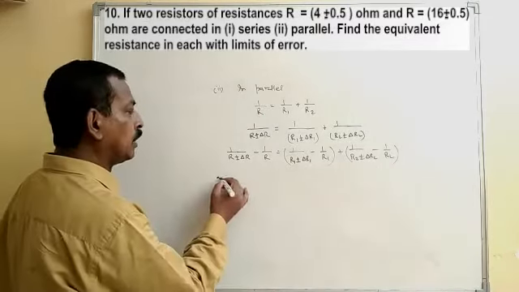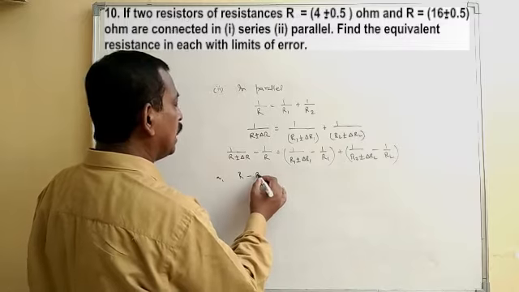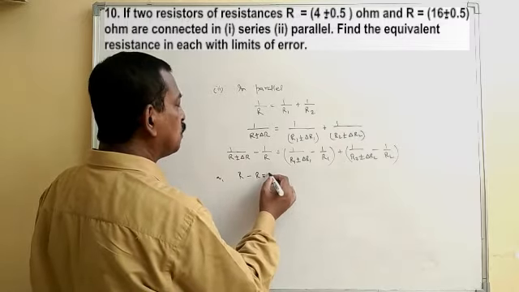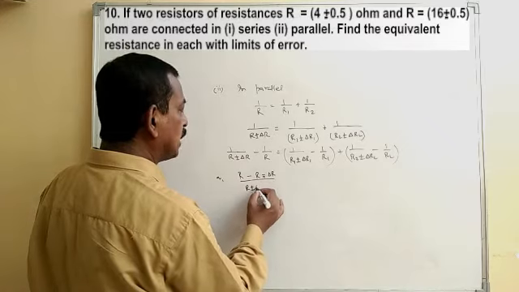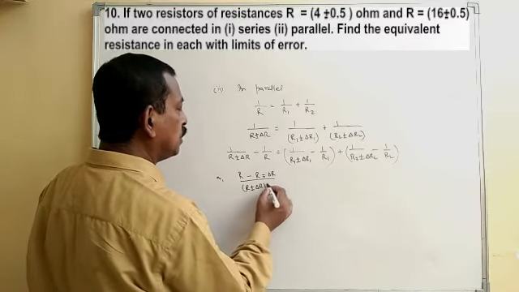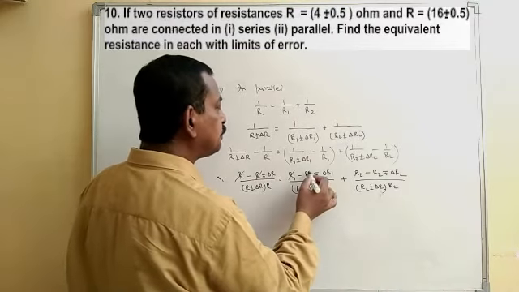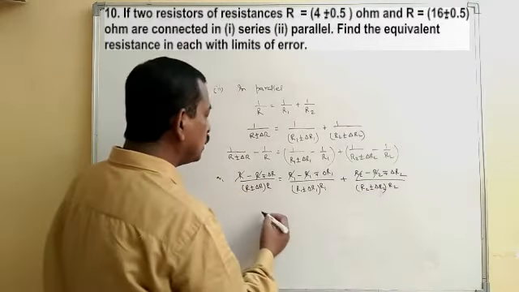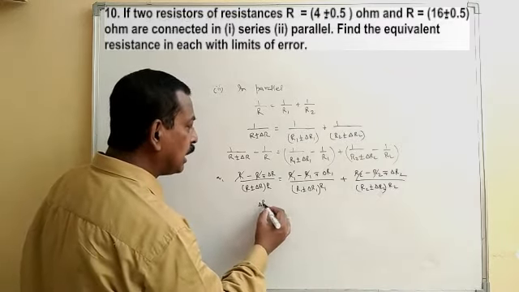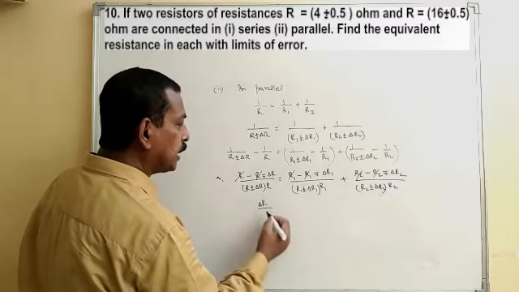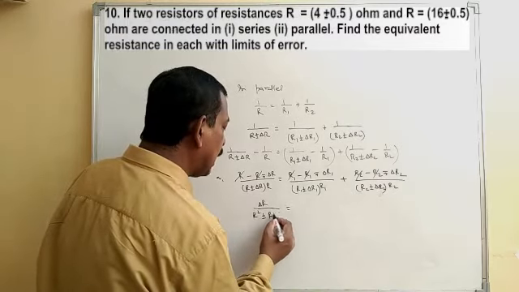Now we can cancel these terms. So what will we be left with? It will be delta R by R square plus minus R delta R.